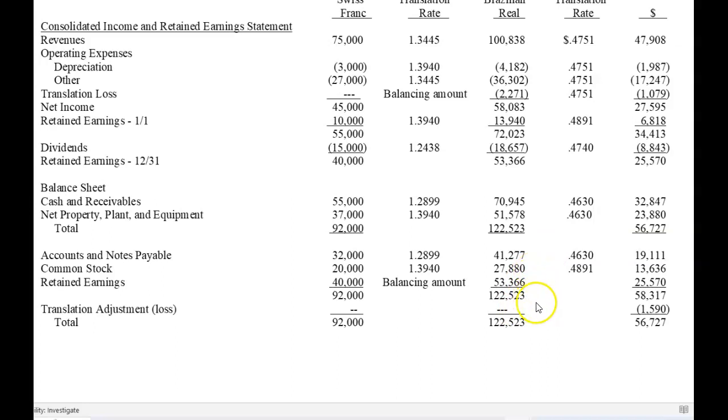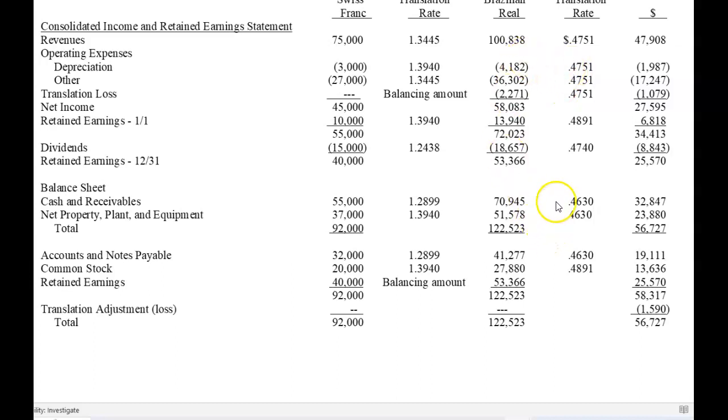We've remeasured, so there isn't any translation amount to worry about in the balance sheet, whereas when we remeasure, we actually put that number up here as the difference that we need to make the retained earnings balance out.